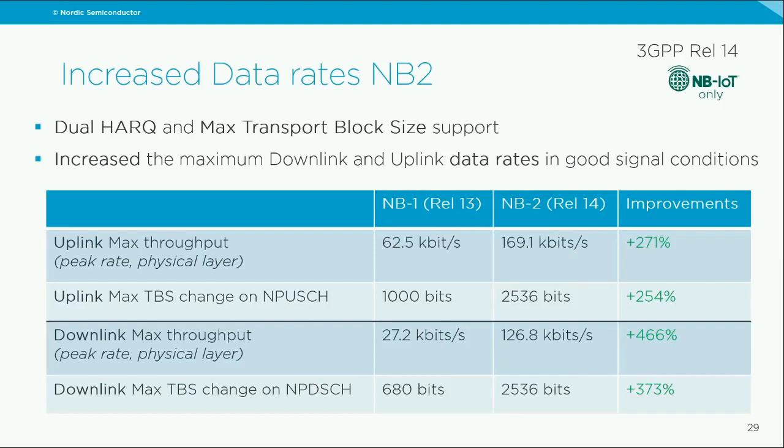So now we can see that the data rates are a lot improved for NB2. So these are very nice features for NB-IoT specific applications, for example. Now we can send more data at higher throughput. That means that you don't have to have the radio on as long as before, for example, to send the same amount of data.